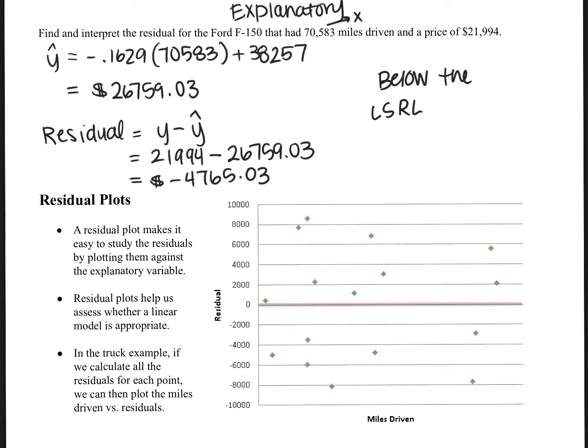So in this truck example, if we calculated the residuals for each point, our miles driven would be the x-axis, and the way we plot the residuals, 0 is always in the middle, and then we go up in the positive direction by the same amount and down in the negative direction by the same amount, and they have to end at the same value. That is very important for residuals.